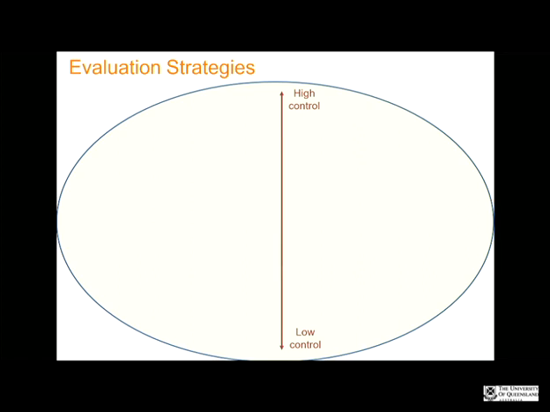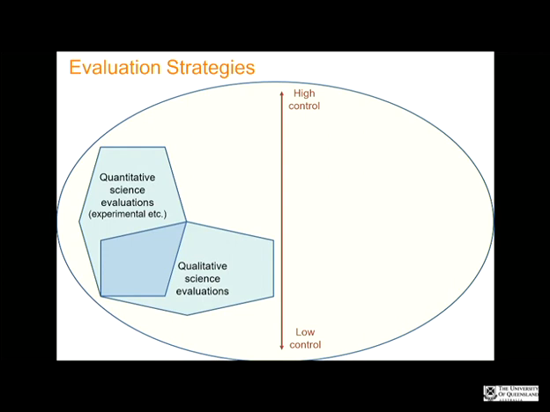If you think about our experimental design from high control to low control, and we've already talked about different types of research. So we might have quantitative, there's different quantitative approaches from experimental design where we have very high control down to something that has very low control. In a few weeks, you're going to talk about qualitative science evaluations.